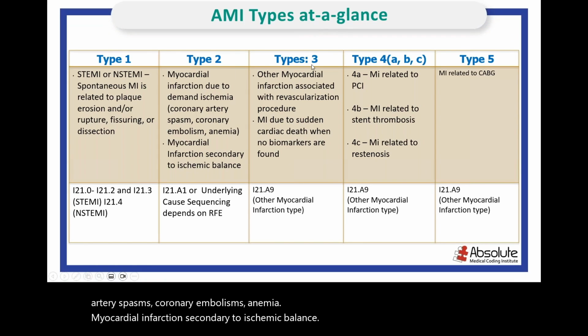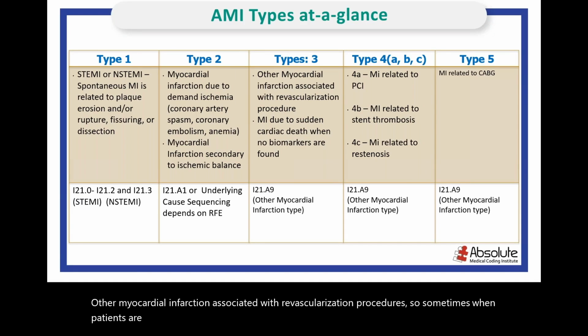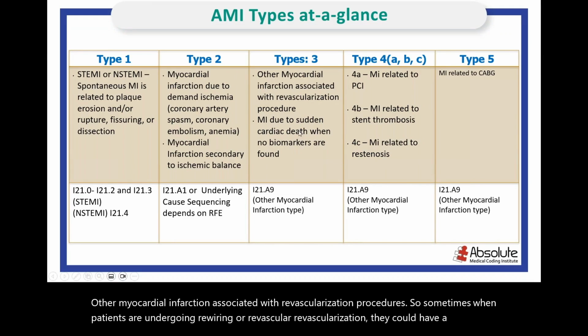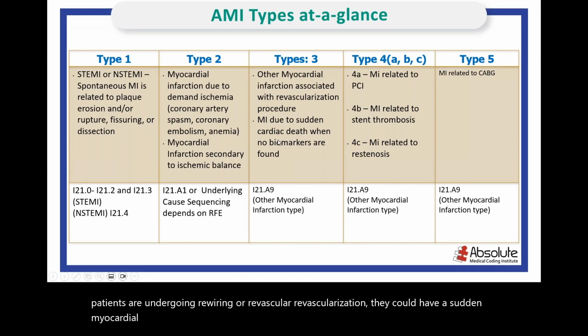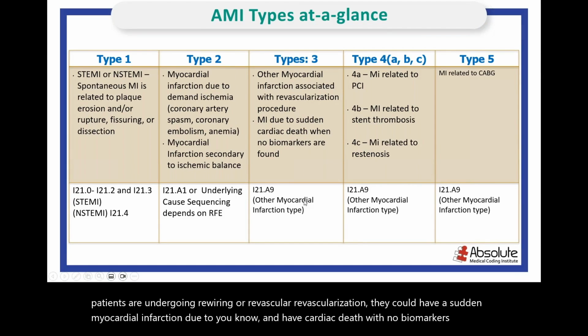Type 3, other myocardial infarction associated with revascularization procedures. So sometimes when patients are undergoing rewiring or revascularization, they could have a sudden myocardial infarction and cardiac death with no biomarkers found. So this is pretty severe.